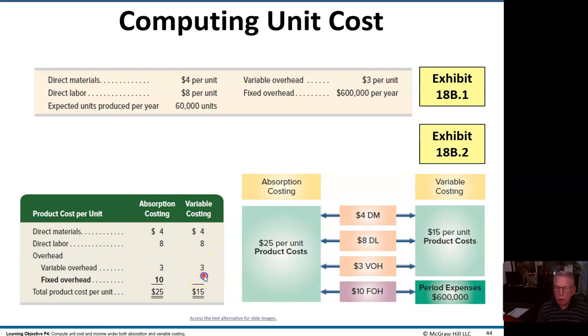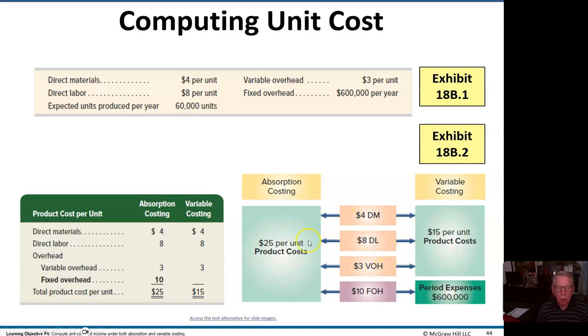However, fixed overhead is not included in variable costing, whereas in absorption costing fixed overhead is. And that fixed overhead was calculated by taking the $600,000 of fixed overhead per year divided by the expected production of 60,000 units, or $10 per unit.